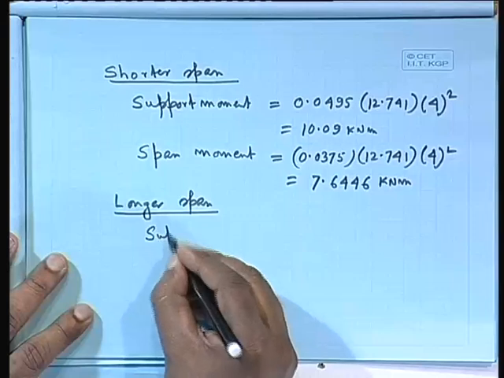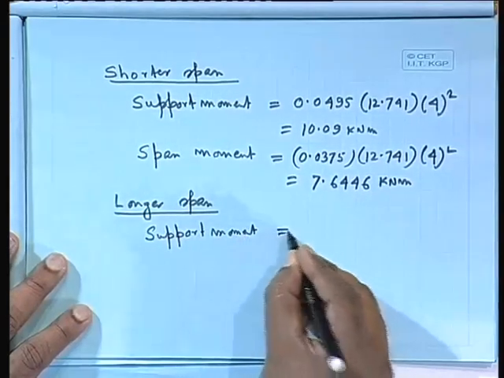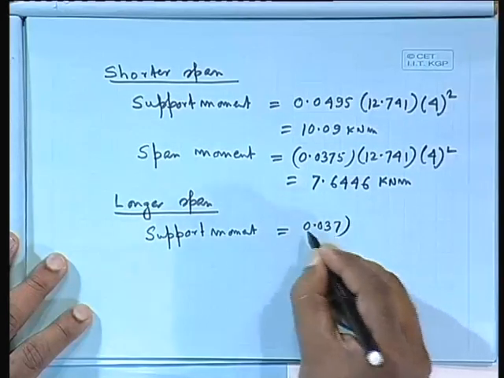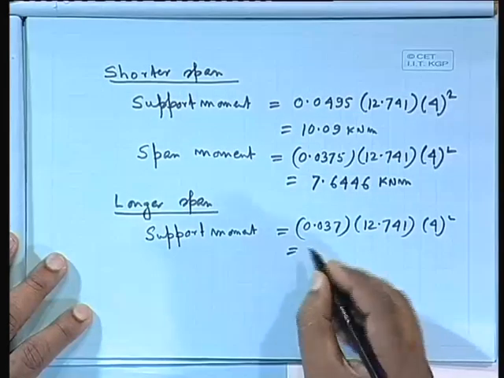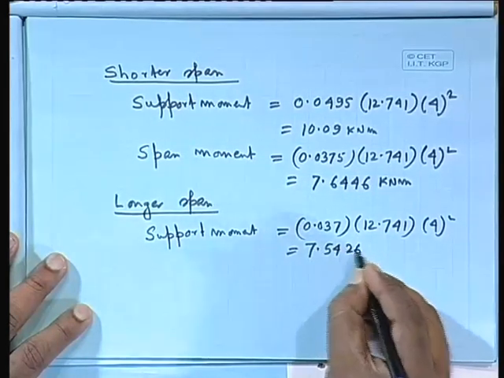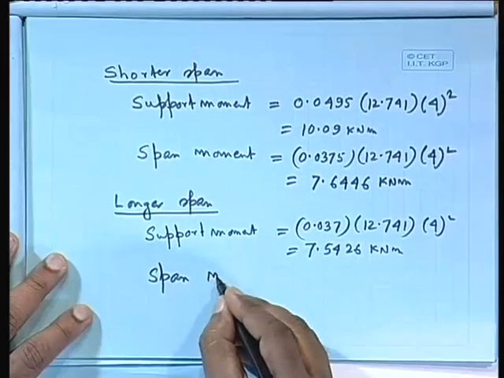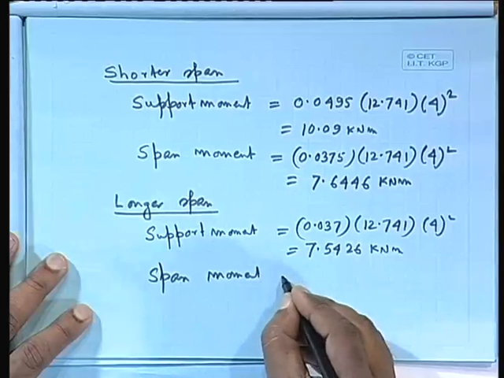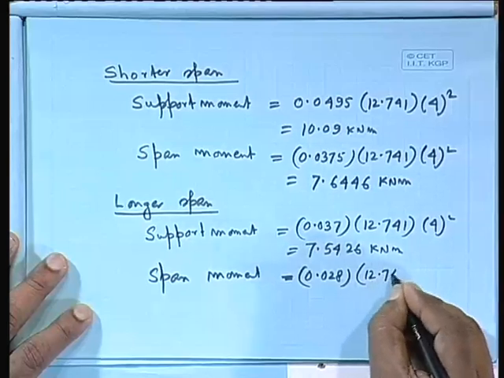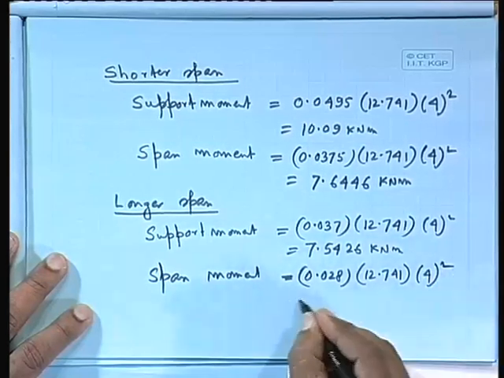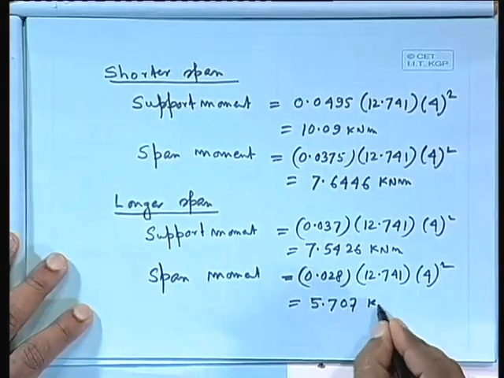So, support moment: 0.037 times 12.741 times 4 square equals 7.5426 kilonewton meter, and span moment equals 0.028 times 12.741 times 4 square equals 5.707 kilonewton meter.